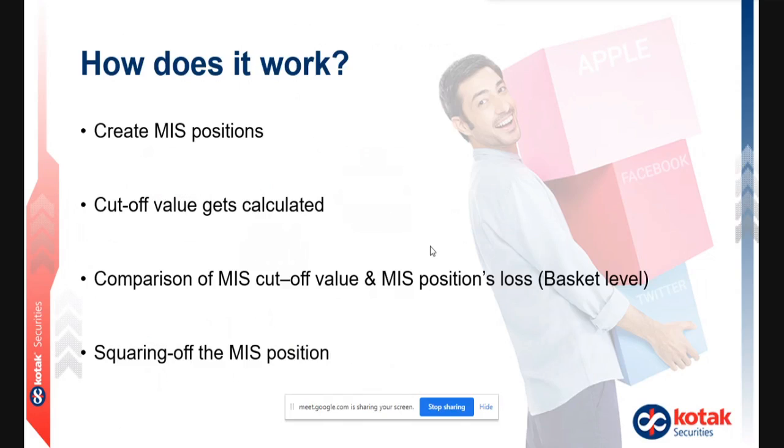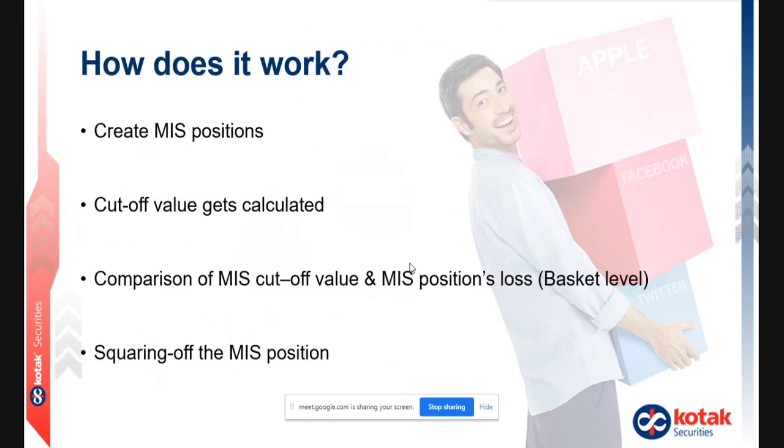The first step is to create an MIS position. Say, for example, there is a list of stocks which are made available in MIS. I'll take an example, an ABC company where the MIS product is allowed. Now you create an MIS position worth, say, 10,000 rupees, and you had that much in your account.